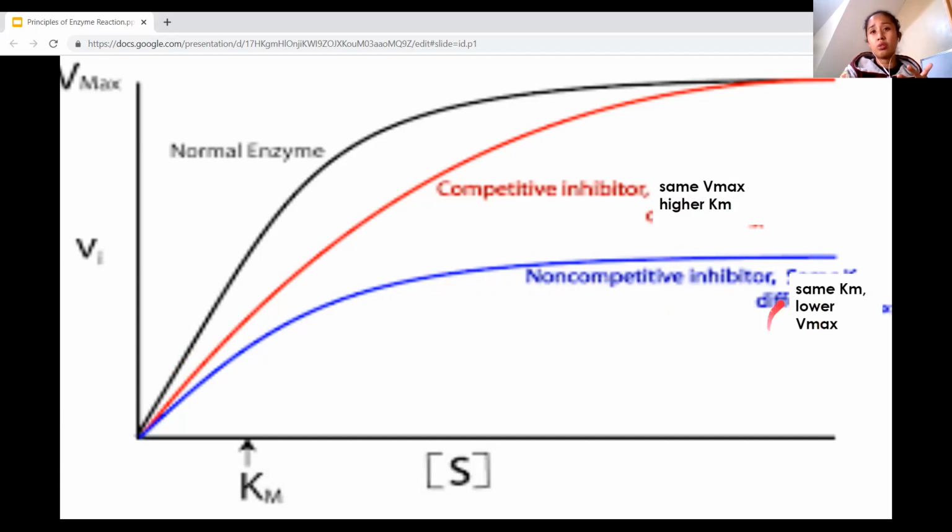There is a lower Vmax and the same Km. So, the substrate still has high affinity for the active site. However, class, the enzyme is inactivated or inhibited due to the non-competitive inhibitor, so it slows down. So, it is more of a problem if there is a non-competitive inhibitor.